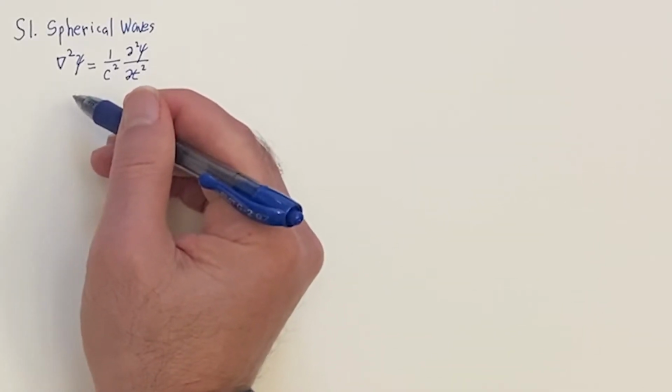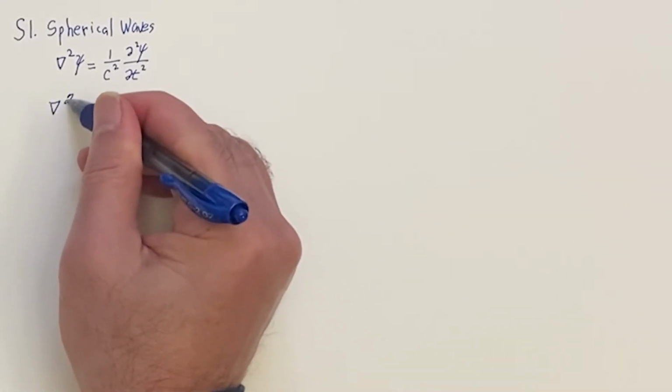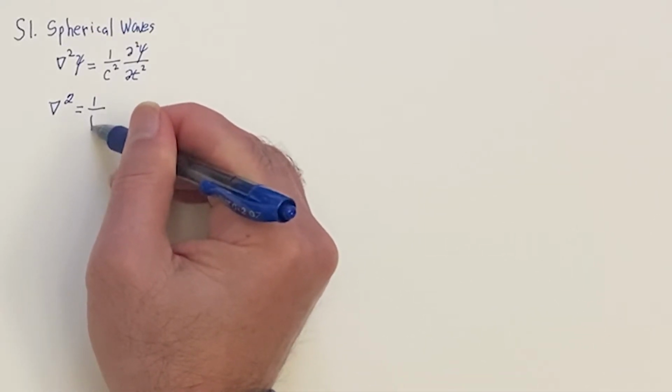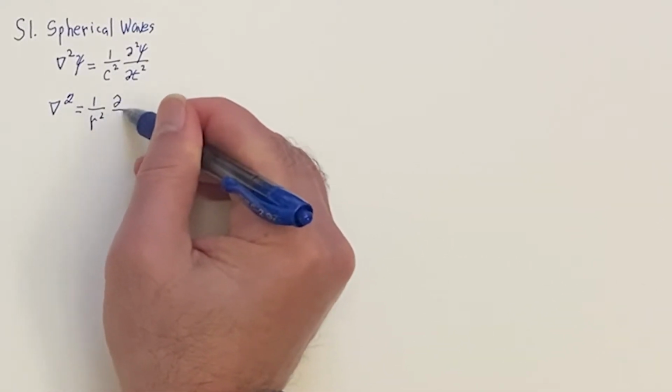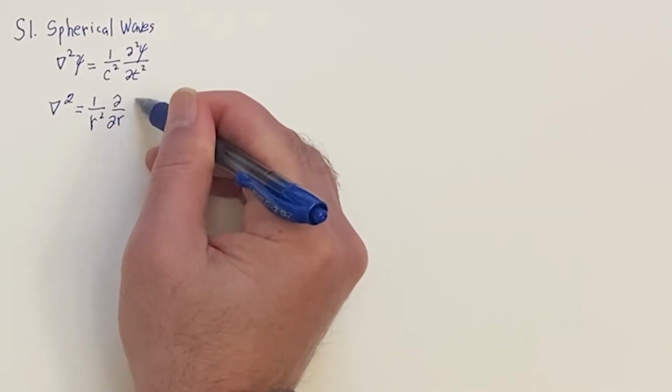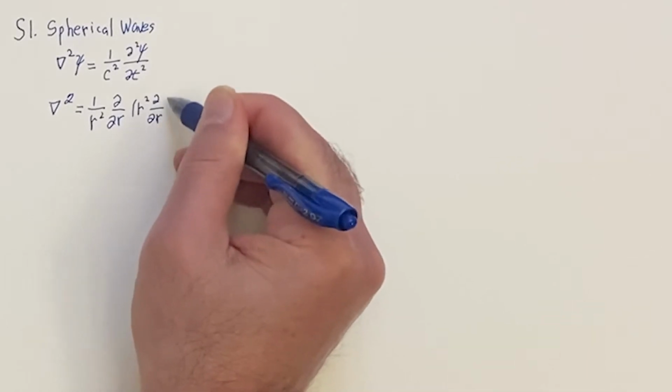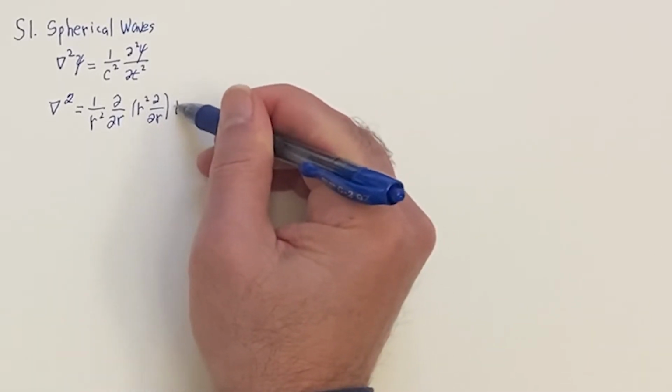Now the Laplacian, which we derive in spherical coordinates, is 1 over r squared, d dr, r squared, d dr. These are partial derivatives.